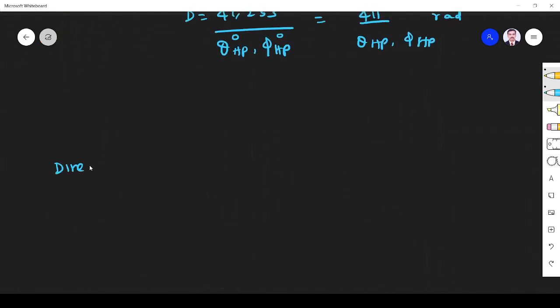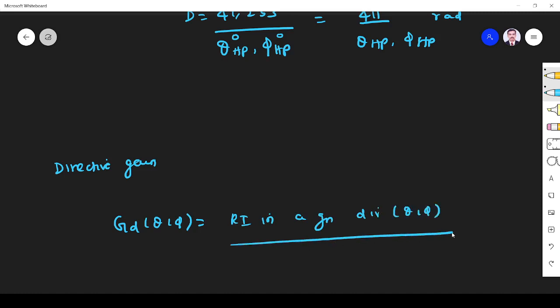Then we must know about directive gain. Directive gain GD theta phi is given by the radiation intensity in a given direction, theta and phi, divided by the average radiation intensity.